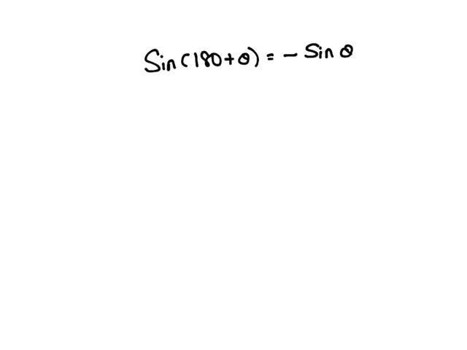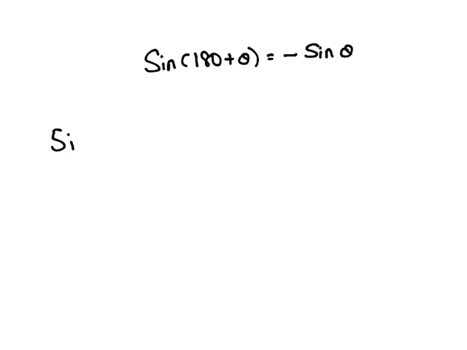Now, this is the next property. Sine of 180 plus theta will be equal to minus sine theta. Okay, and I'm sorry, I think it's better that before I go ahead, let us recall what we learned earlier.